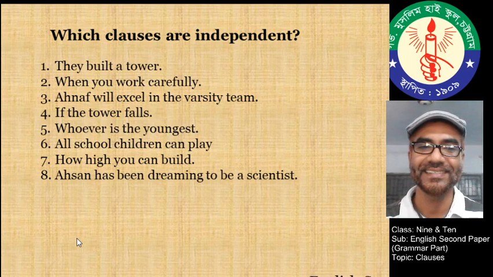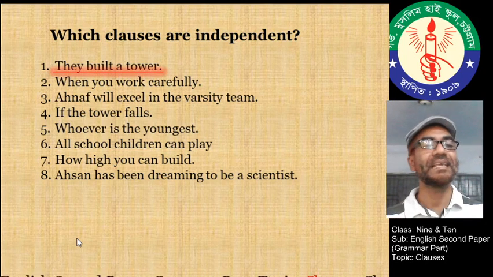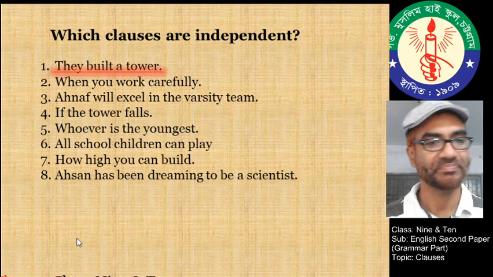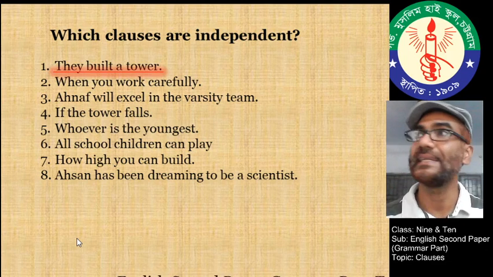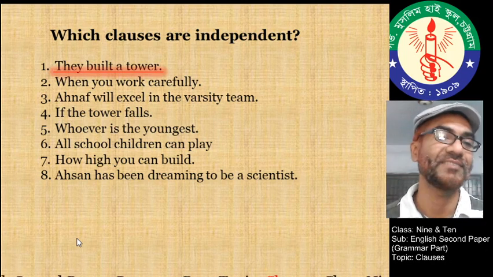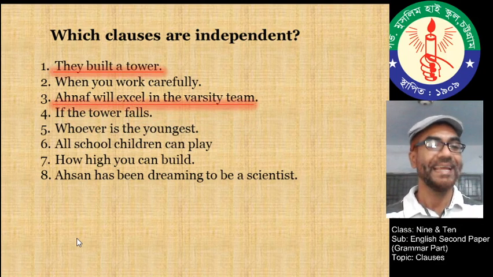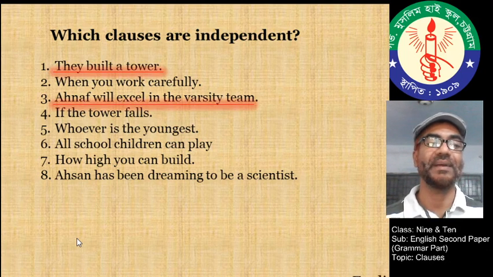Okay, if you haven't, let's see. First one, they built a tower. There is a subject, built is a verb, then a tower, and it can express the meaning by itself. So it is an independent clause. Next one, Anna will excel in the varsity team. You see the subject and a verb, and it can express its meaning by itself.